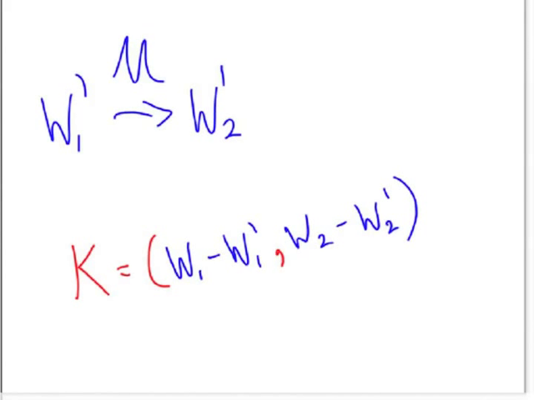Now, we have to show that this bipartite graph K satisfies Hall's condition for all subsets A of its vertex set W sub 1 minus W sub 1 prime.